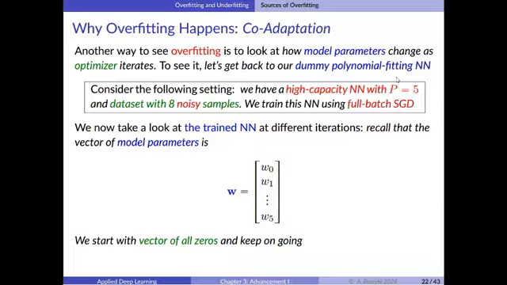For example, consider we have a higher capacity neural network with p equals 5, so it is a polynomial of degree 5, and we have a dataset of 8 data points, and we train it using full SGD.